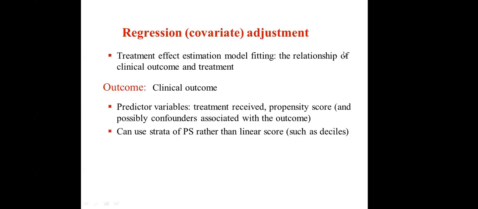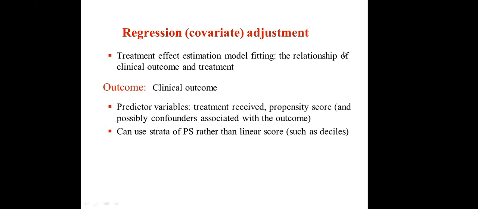And now there's a third method. We talked about matching, we talked about stratification, now about regression, or adjusting in a regression model where the outcome is a clinical outcome, and we're going to predict whether the treatment is related to that outcome. But instead of doing it with the complete imbalance, we're going to use the propensity score in some way.